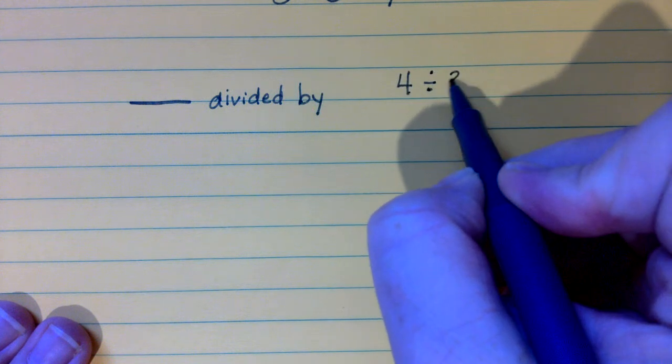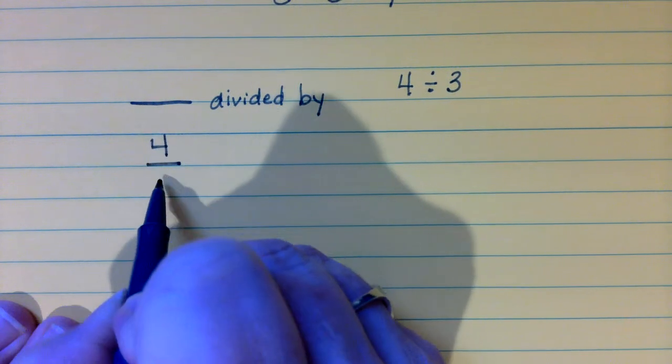Remember that when we talked about fractions, we said that the fraction bar means divided by. So 4 divided by 3 would look like 4 over 3, with a fraction bar.